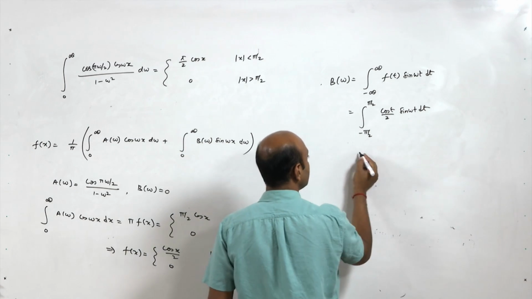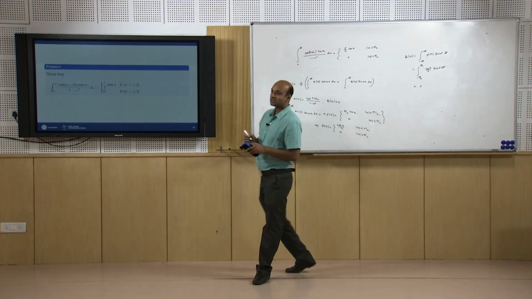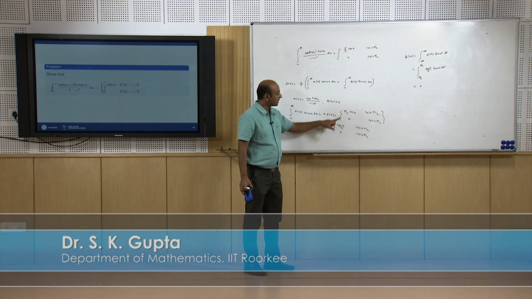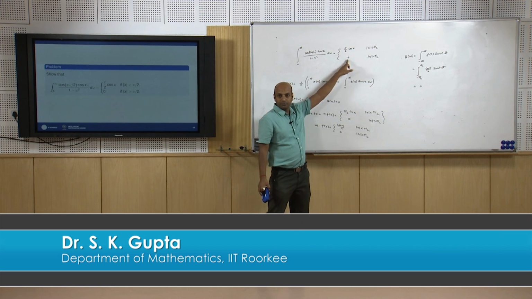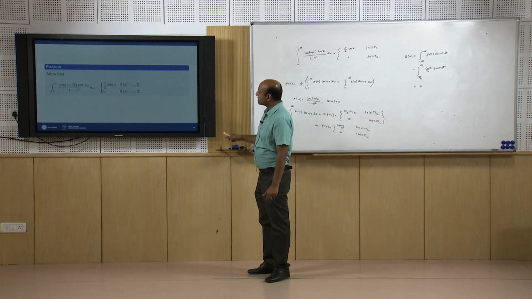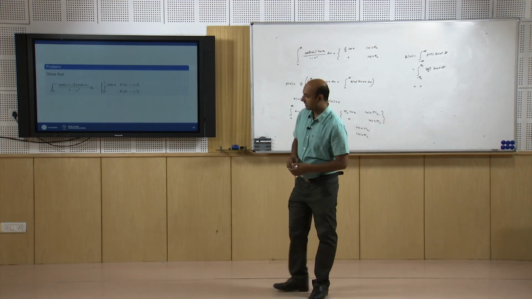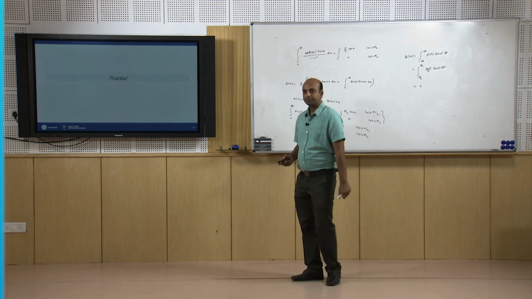Now, it is an odd function, so it is 0. So, hence we have proved, because we have obtained that A(ω) is this and B(ω) is 0 for this function, that means this result holds. Okay. So, we have shown the result. So, this is how we can find out the Fourier integral representation of a function f(x). Okay. So, thank you.